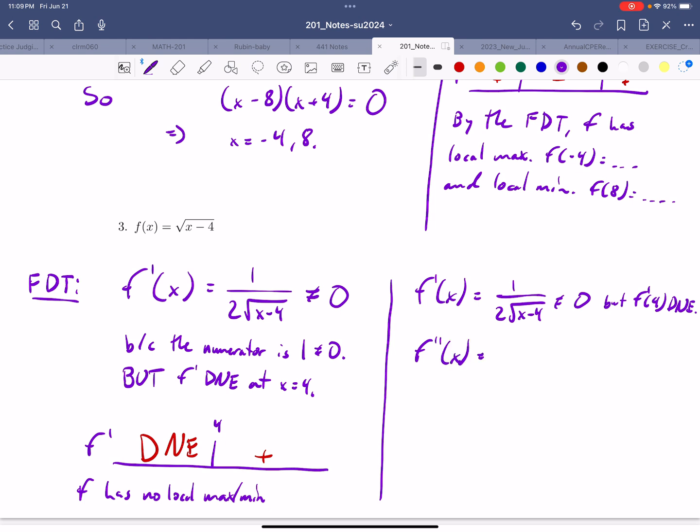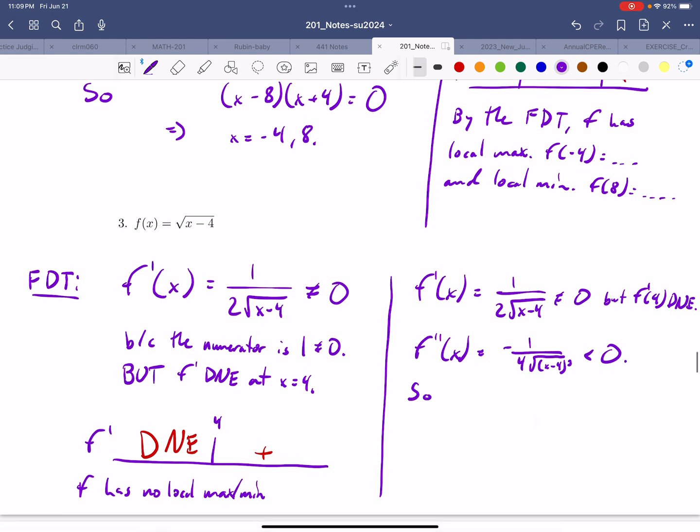We wind up getting negative 1/4 times x minus 4 to the negative 3 halves. Put that on the bottom. It's worth noting that this is always less than 0.